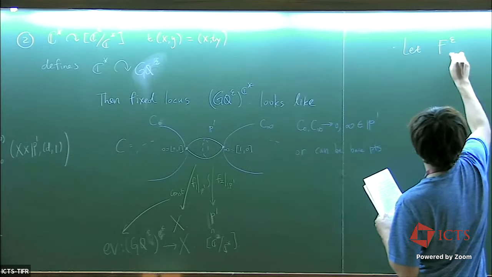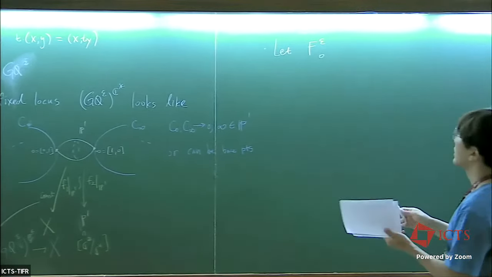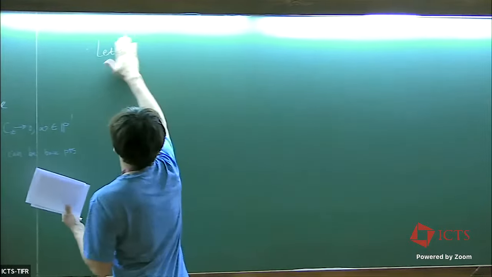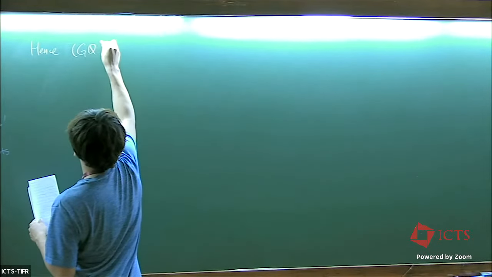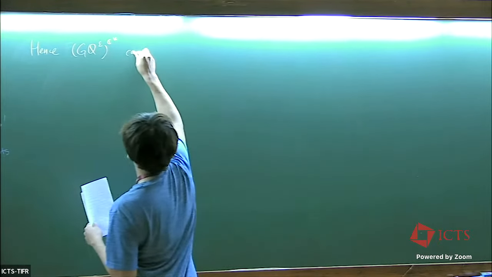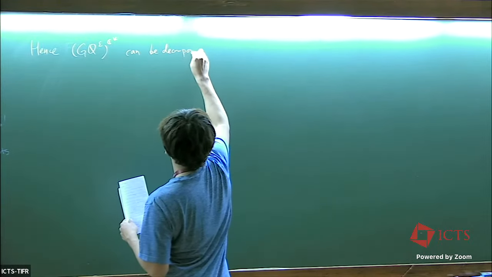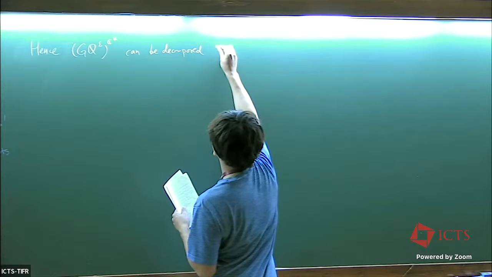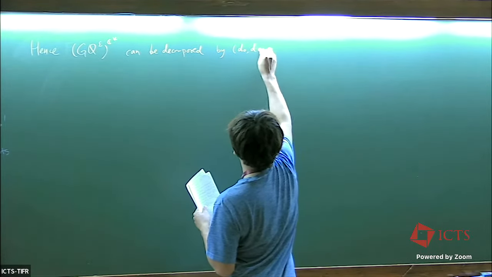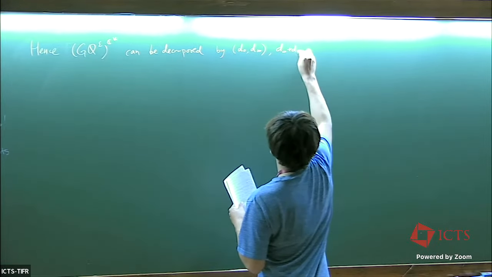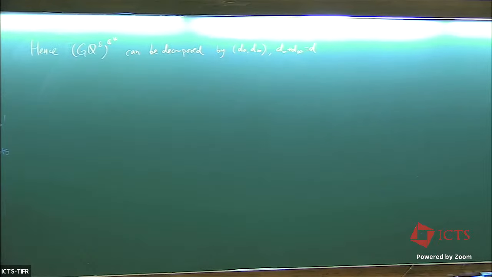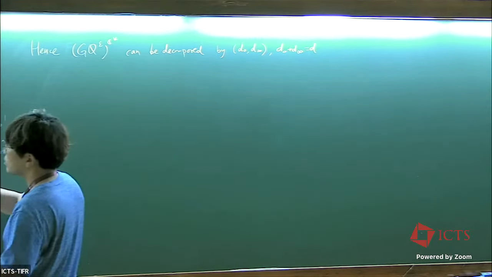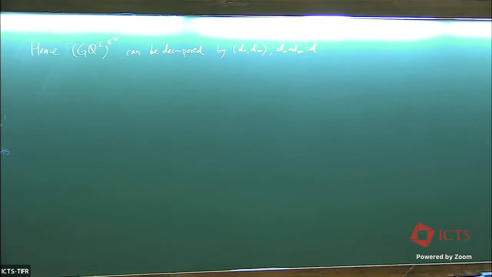Before saying that, this fixed locus can be decomposed by some D0 and D infinity, whose sum is D. As I said, the degree information is concentrated at either 0 or infinity, so D can be decomposed like D0 and D infinity, attaching these two points.